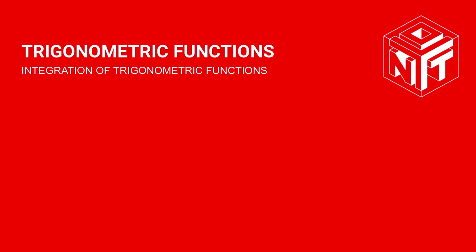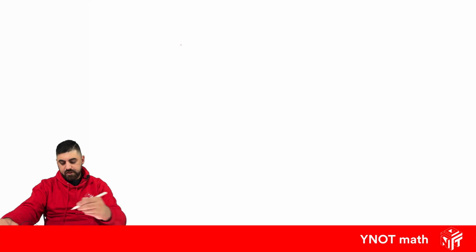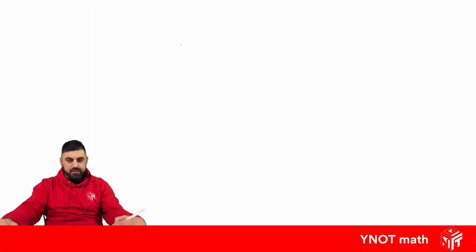Integration of trigonometric functions. So we've already had a look at deriving trig functions, and for integration we're just going to go in reverse. So if we have the integral of cos x dx, that's going to give us sin x plus a constant.